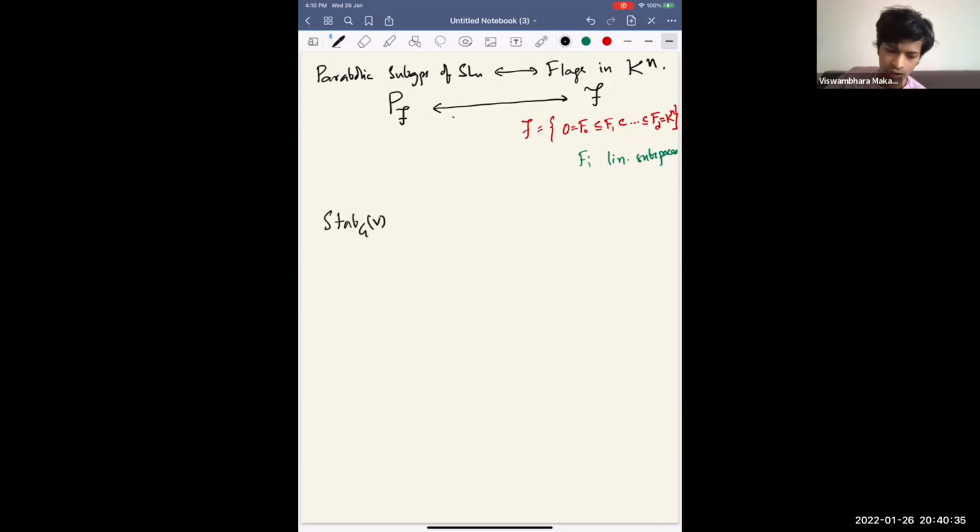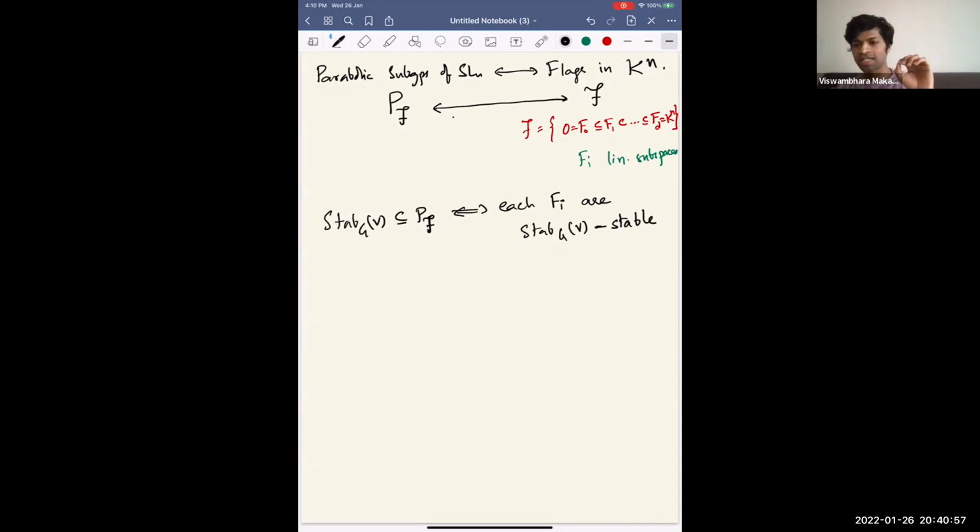But maybe the key point that I want to point out here is that the stabilizer being contained in the parabolic is the same thing as saying that each of these subspaces that come in the flag are stable under this group action. Basically it means I look at this stabilizer subgroup, and if I look at any of these Fi's in the flag, then when I act upon it with the subgroup, it stays within itself.